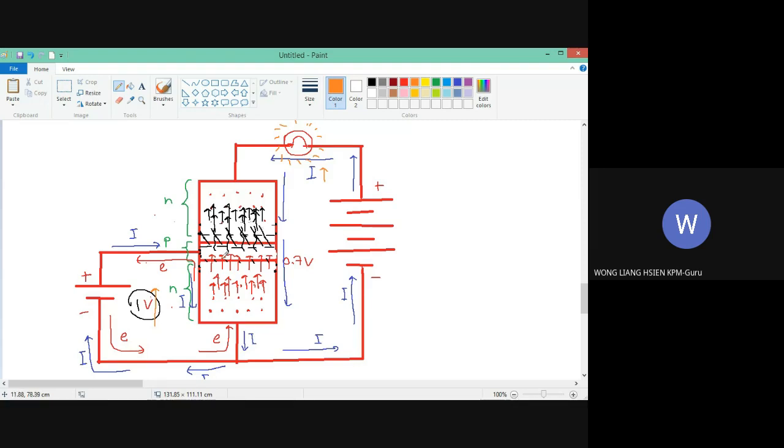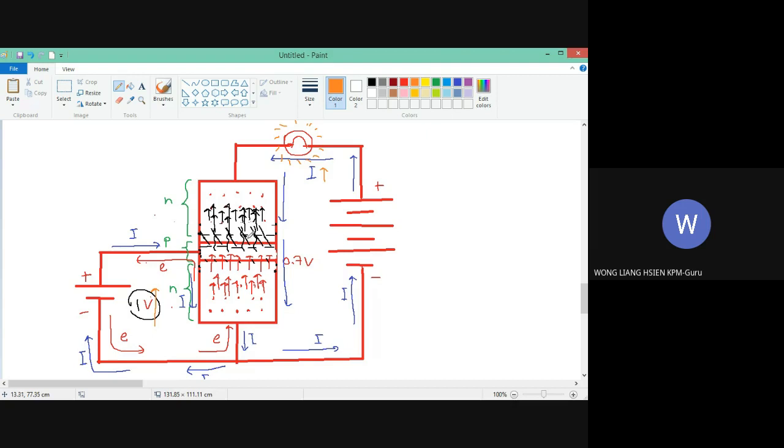Because the resistance of the transistor is very high due to the voltage here. But when we increase this voltage and it becomes higher than the junction voltage, then the transistor is turned on and current can flow.